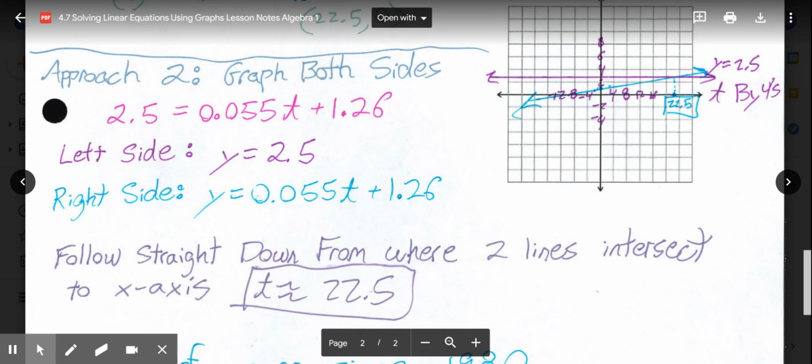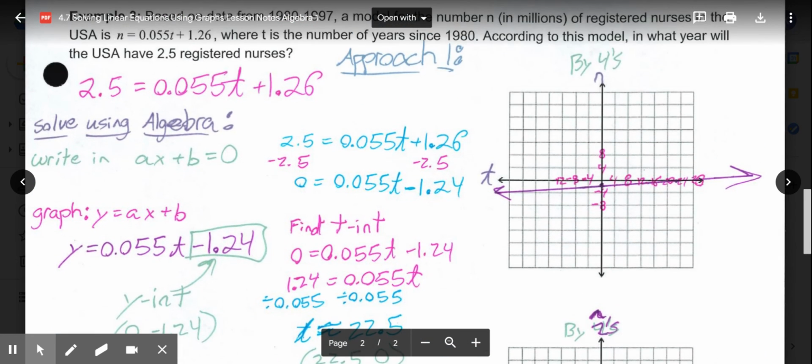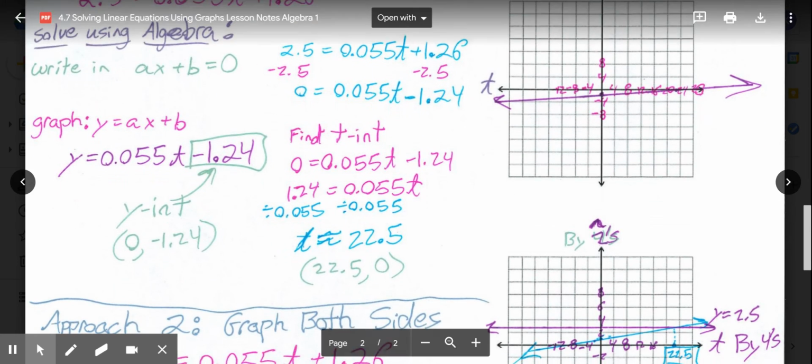So one case would be to graph both sides of the equation, and where they cross, that x value gives you the number of years. The other option is to just graph that single line by finding the two intercepts and connect them.